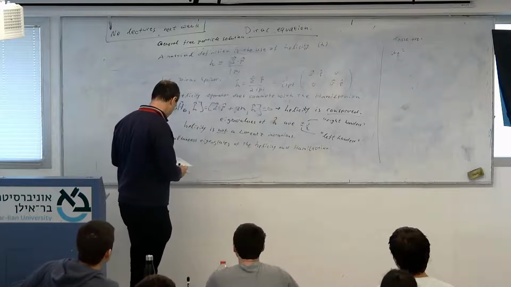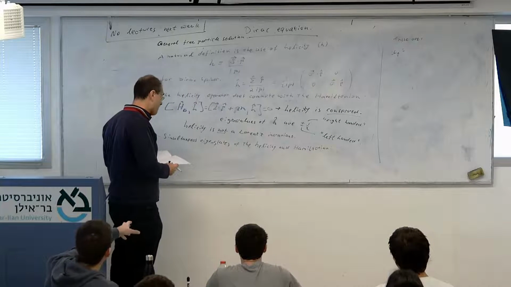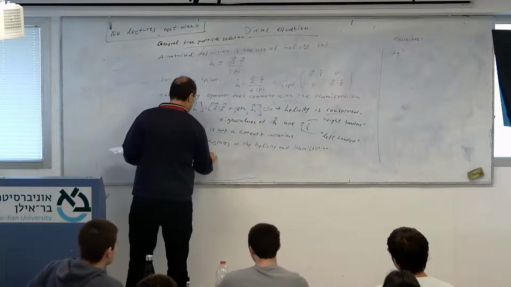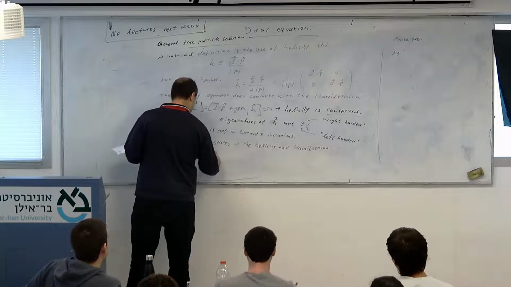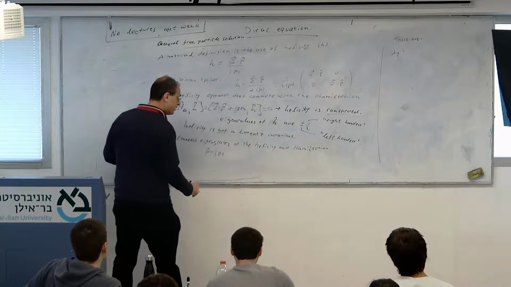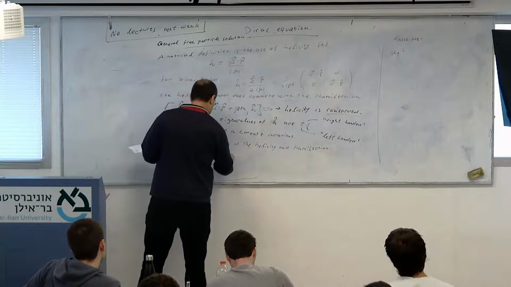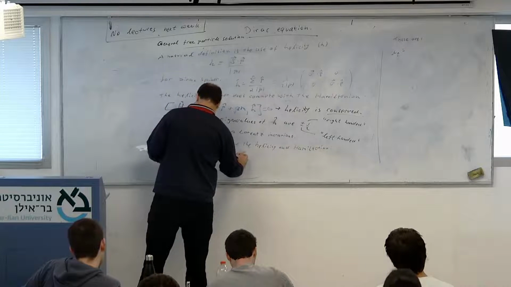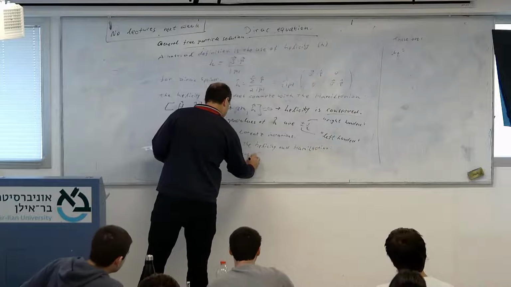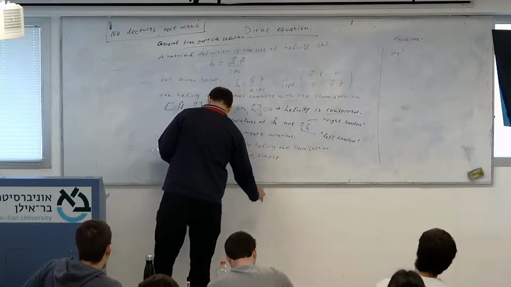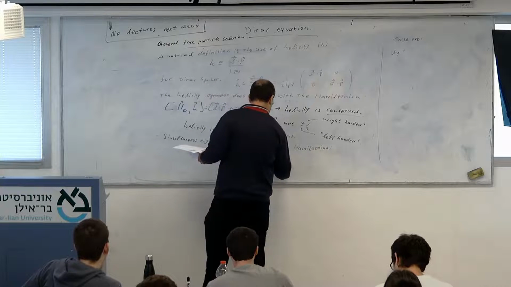Just finding the eigenstates of sigma dot p and the Hamiltonian, essentially. So we basically write down p in spherical coordinates. This is the magnitude of p, and then sine theta cosine phi, sine theta sine phi, and cosine theta.